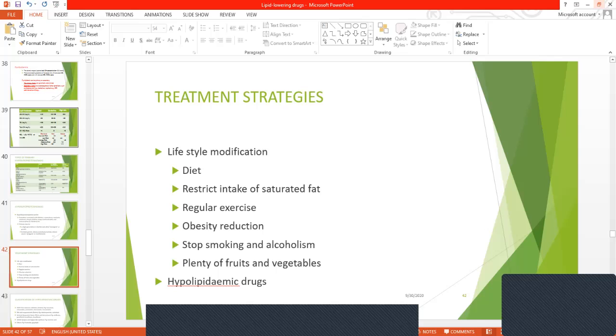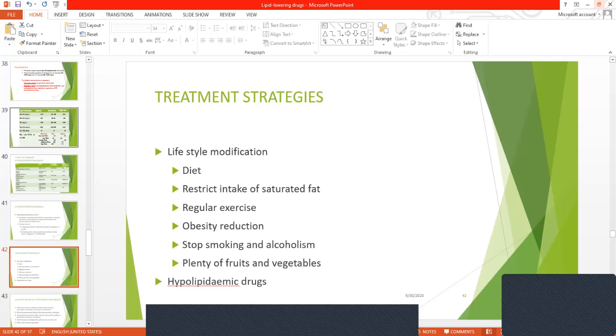If we want to make sure whether dietary control is sufficient to control the hyperlipidemia, we need to manage the patient for at least 1 to 3 months, and then recheck the body weight and also the lipid profile, and only then can we decide whether we need medicines or not. In the diet we have to limit the total calories from fat to less than 20 to 25% of daily intake.